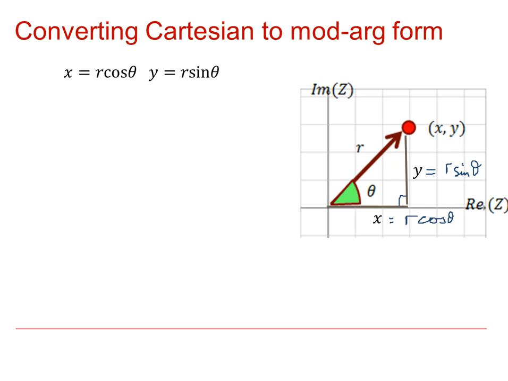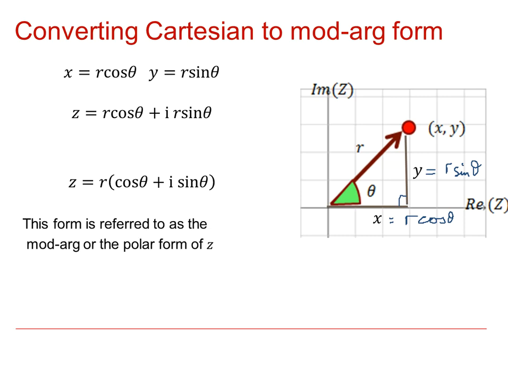So we know that the complex number z is x plus iy, so we can simply substitute the values r cos theta and r sine theta for x and y. Now this is usually written with the r outside a bracket, so we get that z is equal to r cos theta plus i sine theta, where remember r is the modulus of the complex number and theta is the argument.